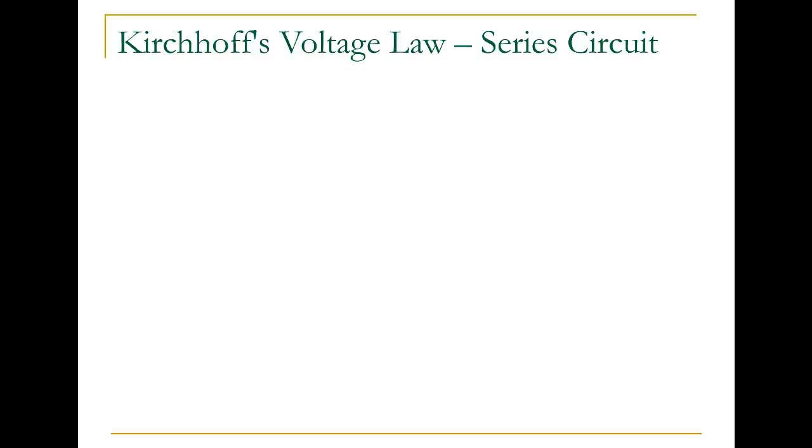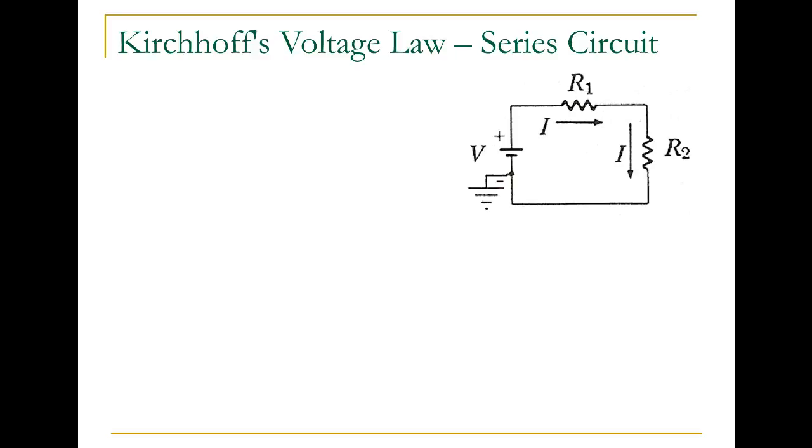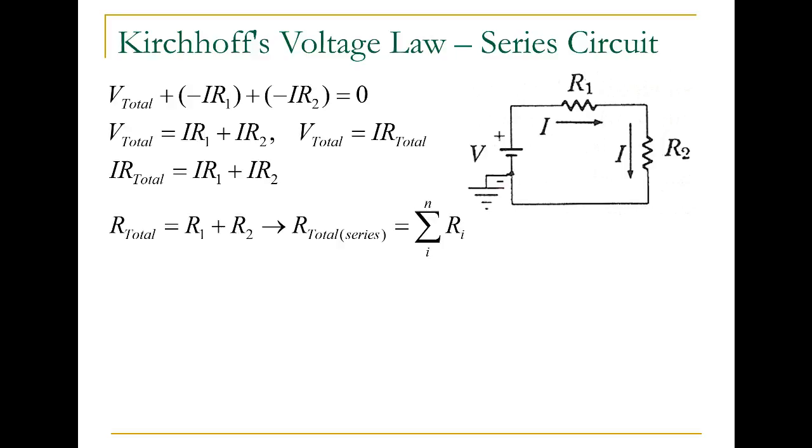Now, how does this look in a series circuit? Well, here's our circuit, and we know that the total sum of voltages comes out to zero. So V total, which is from the battery, plus negative IR1, that's our first drop through the first resistor, minus IR2 equals zero. So V total is equal to IR1 plus IR2, and it's also equal to I R total.